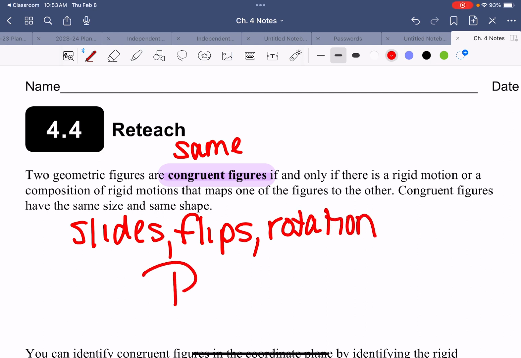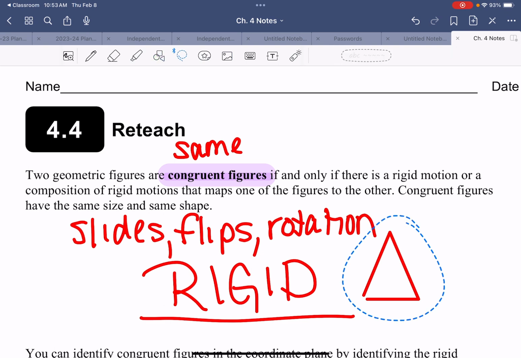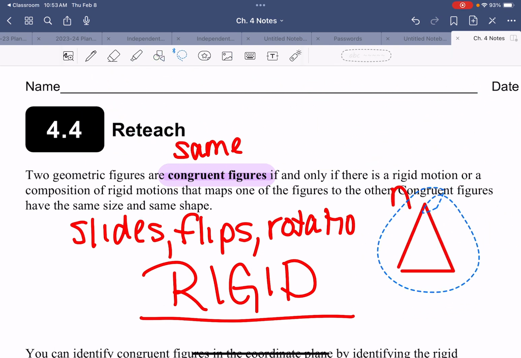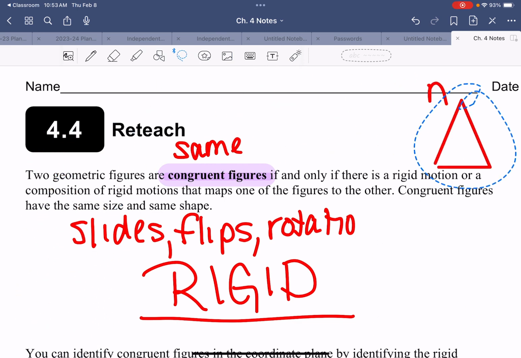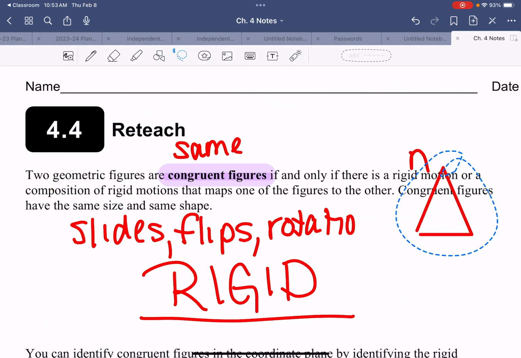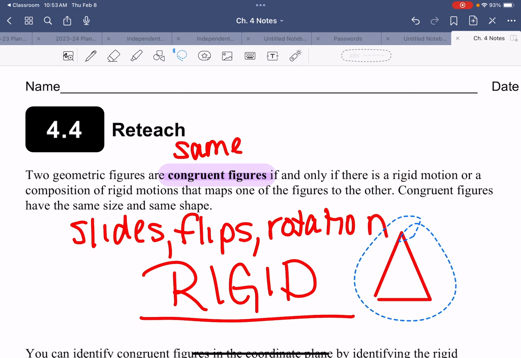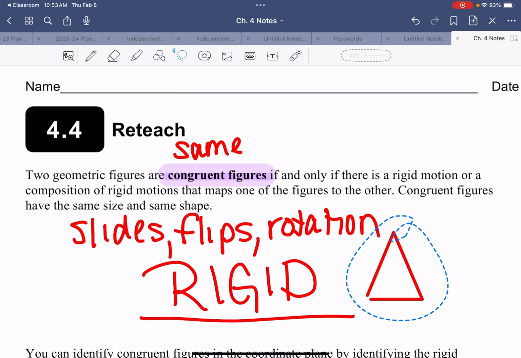All of these are rigid transformations. And that means that we did not change the size or shape of the original figure. So if I've got this triangle here and I'm sliding it around, the size of it is the same. So if I move it from here up top, are all the measurements going to be the same? Absolutely.